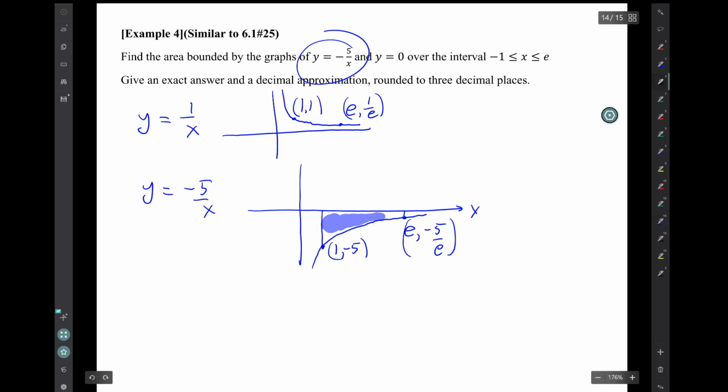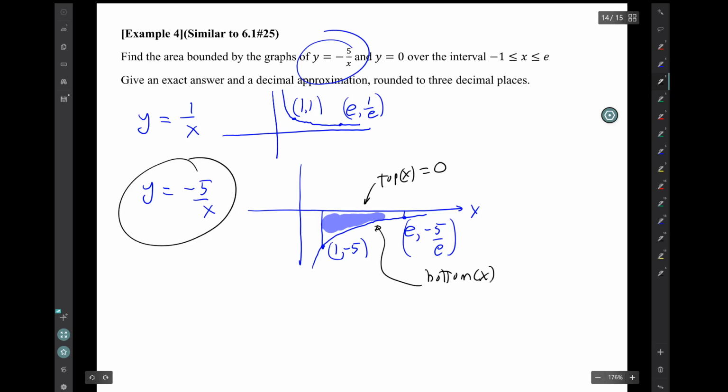Our top graph is y equals 0. And our bottom graph is this function. With that information, we can set up the integral.